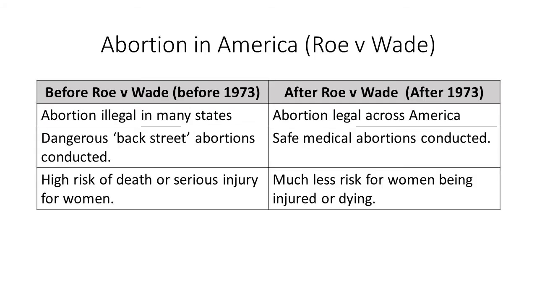So I've put a table up in front of you now to help you understand this change. We've got before Roe v Wade on the left hand side and after Roe v Wade on the right hand side. It'd be useful if you pause the video now and copy that table down into your notes.